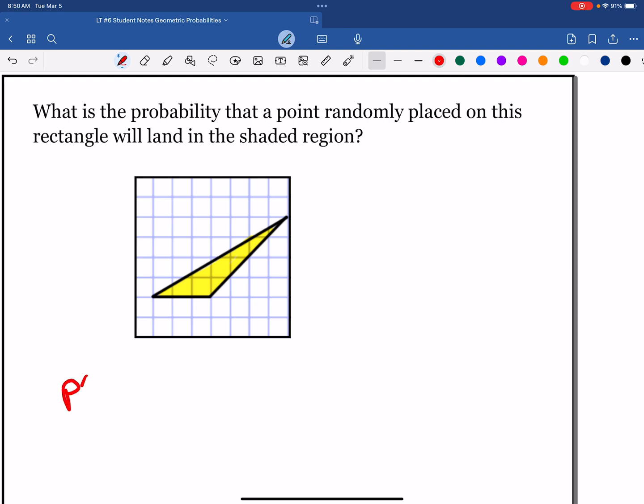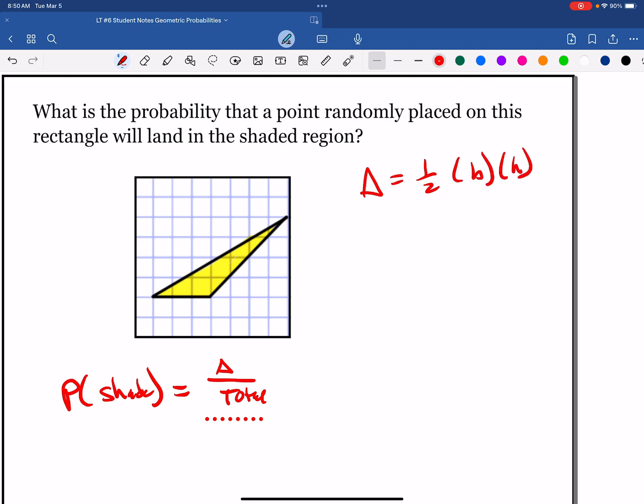So the probability that we land in the shaded region is, that's the triangle. So we're looking at the probability of the triangle over the total. So to get the triangle, we know that a triangle is 1/2 base times height, where base and height are perpendicular.